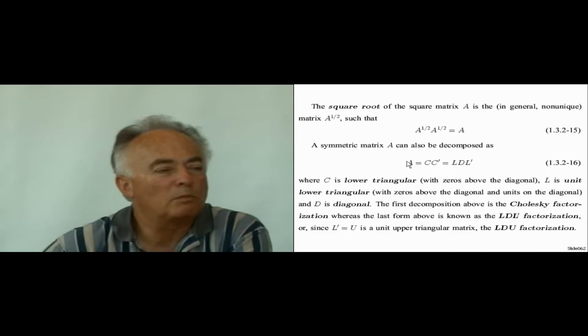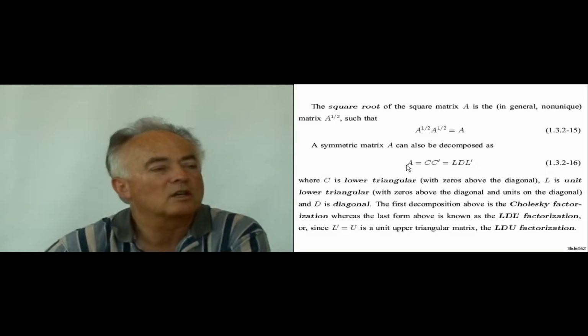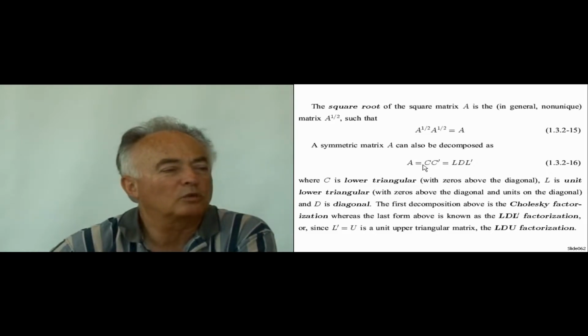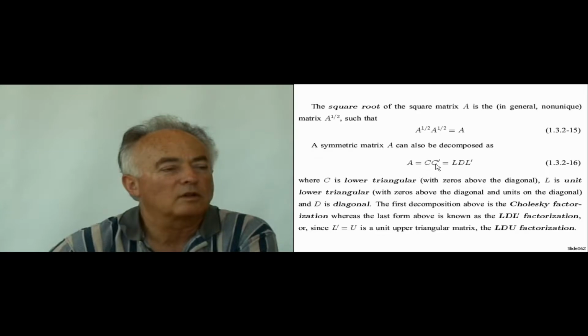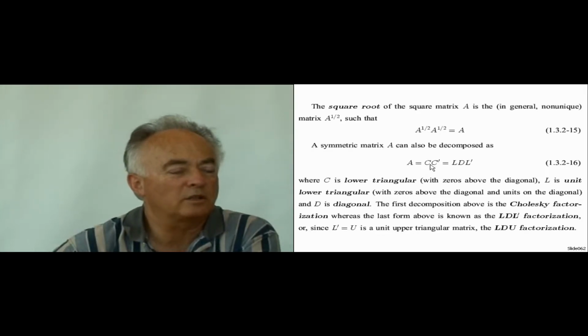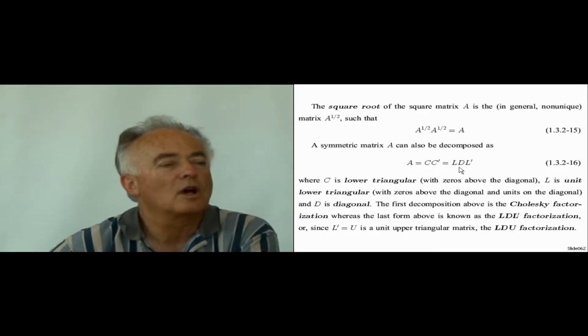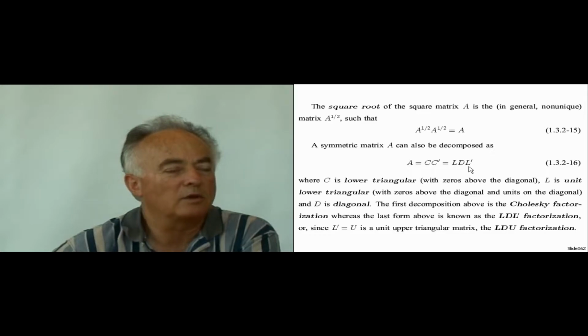Instead we will decompose a matrix A into the product of C and C transposed, which means that we can also write this, and this has to be verified, we'll see this later, as LDL prime.